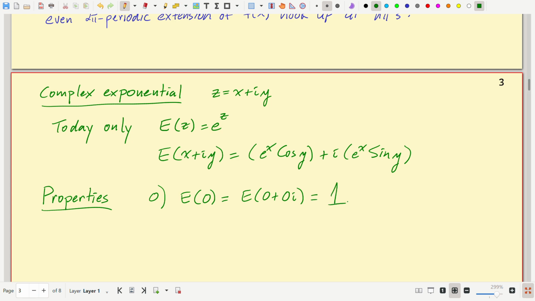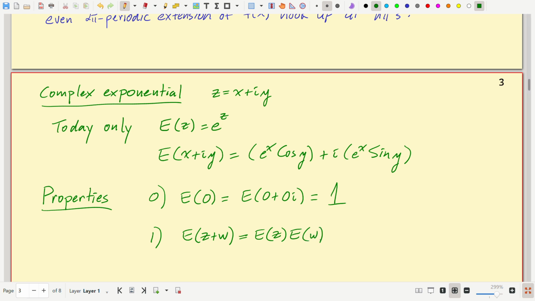It's a big fat 1. Another big property is that e to the z plus w is a product, e to the z times e to the w.